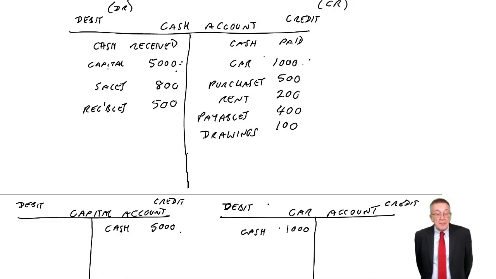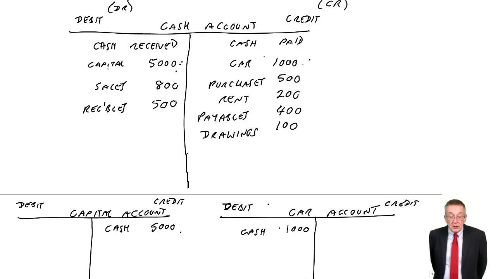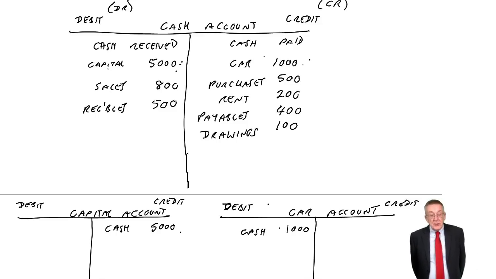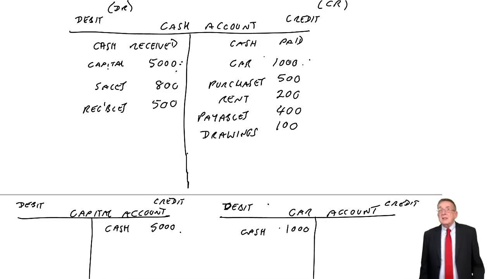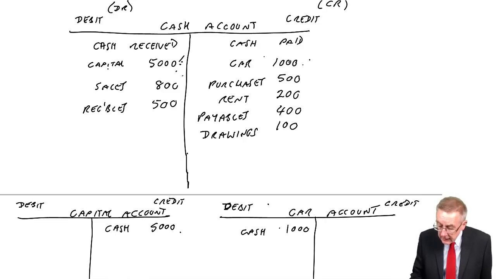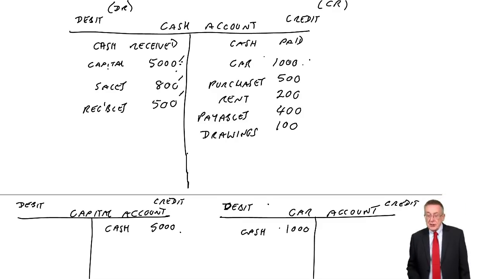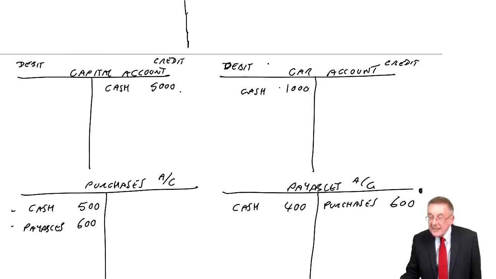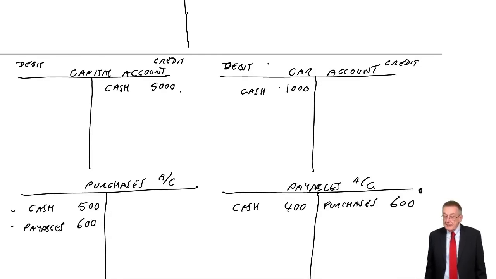But do note, above the example, I've written the general rules. A debit entry is always one of three things. It's either an increase in an asset. Cash is an asset. We debit when it increases with more cash. Car is an asset. We debited with a car.